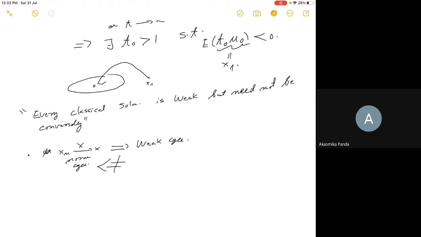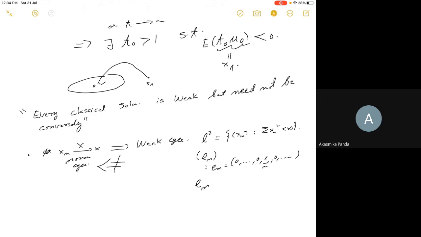For instance, if you look at the space of little L2, the space of sequences such that the summation of xn squared is finite, and then you look at the collection of sequences en where each en consists of 1 at the nth point and 0 elsewhere.